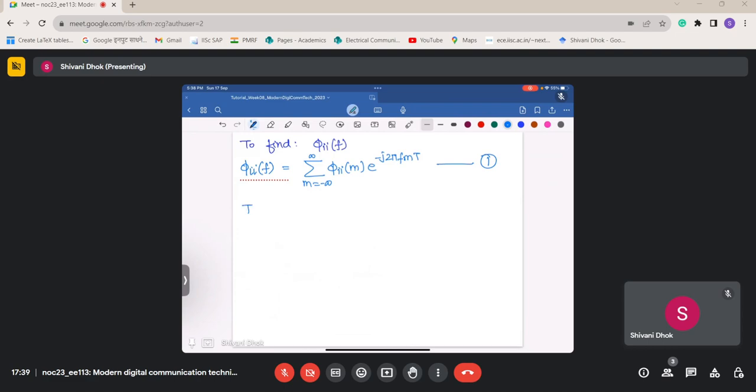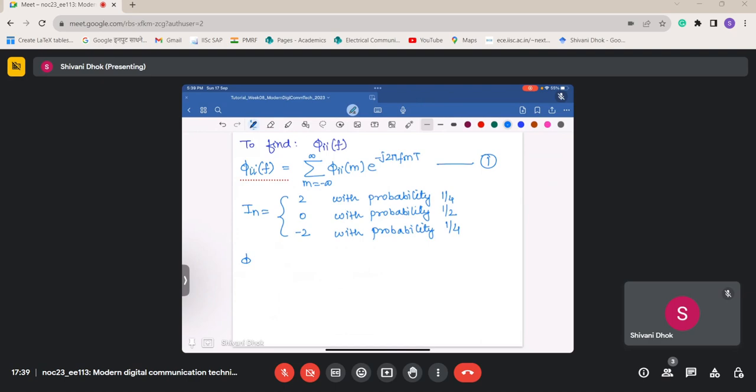Now this I n is simply 2 with probability 1 by 4, 0 with probability 1 by 2, and minus 2 with probability 1 by 4.